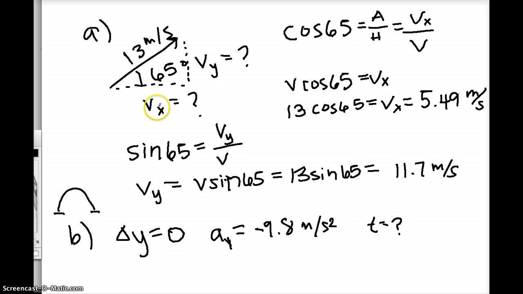This x component velocity has no effect on the y component velocity, which is kind of creepy, but it's a two-dimensional problem, and whatever goes on in one direction isn't affected by what's going on in the perpendicular direction. So the initial velocity is not 13, but rather what we found in the first part, 11.7.